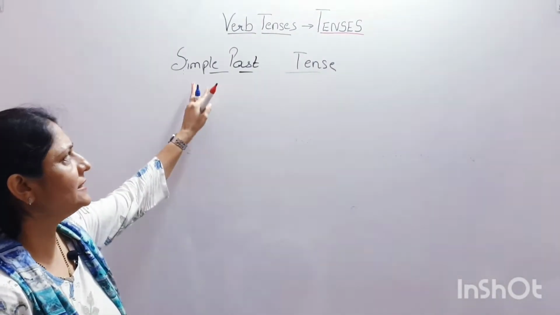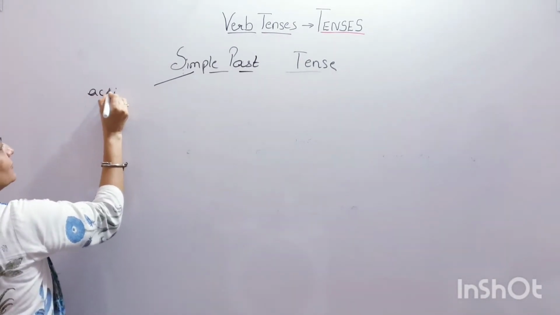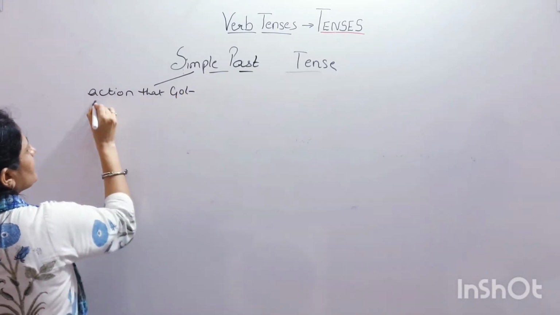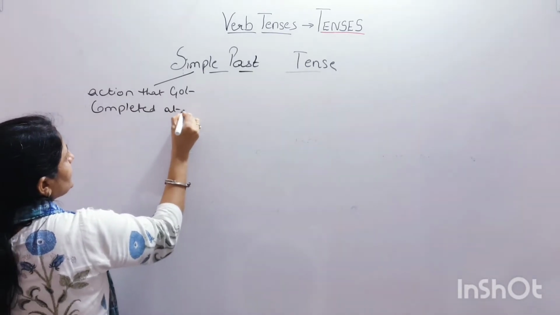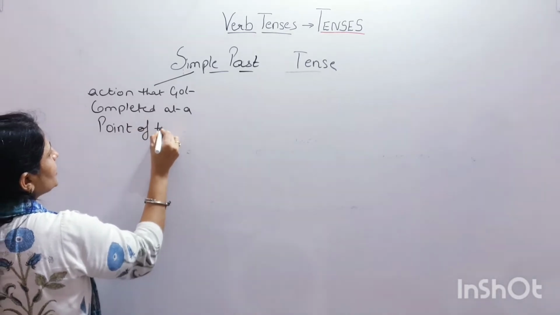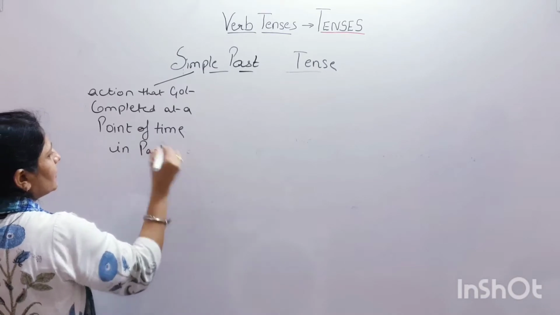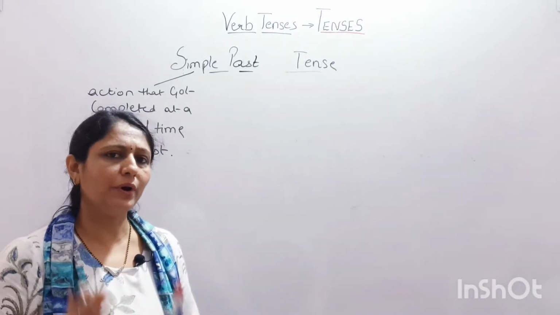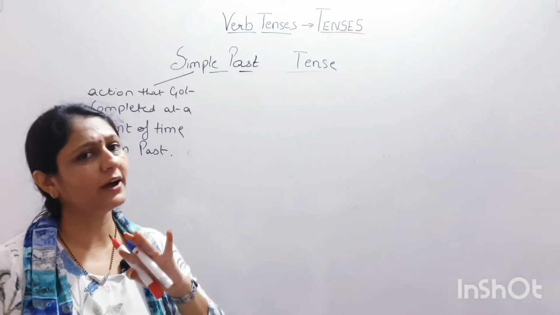Simple past tense is used for an action that got completed at a point of time in the past. यानी कि वर्तमान आने से पहले कोई एक्शन पहले ही होके खत्म हो चुका है.